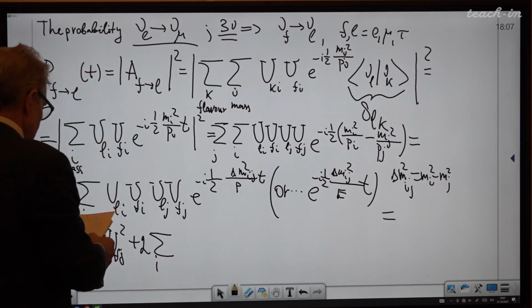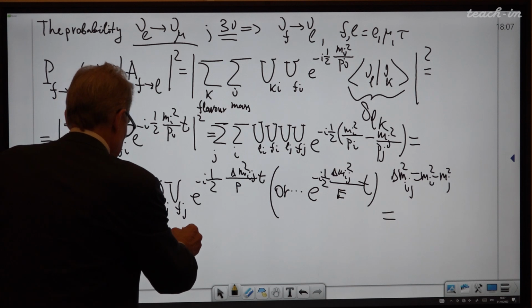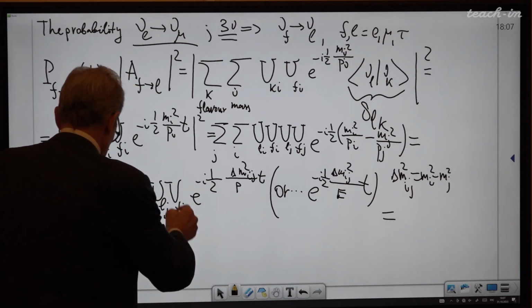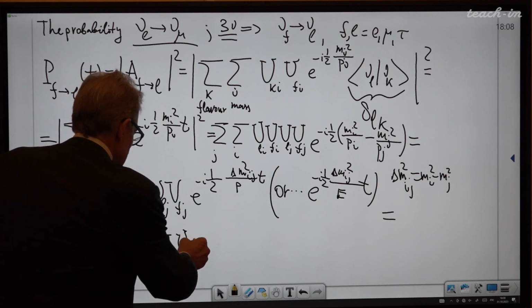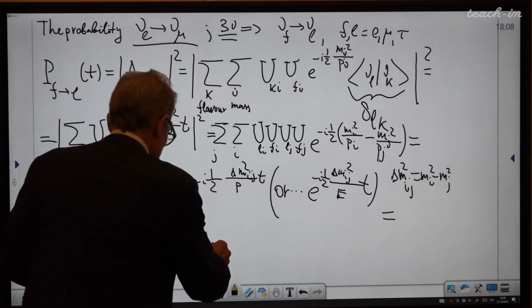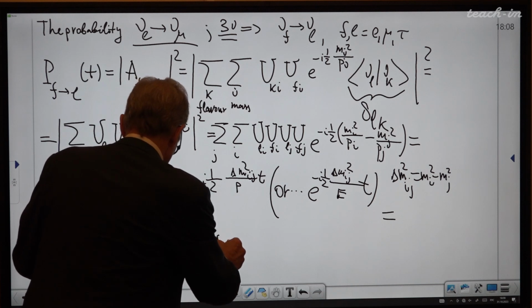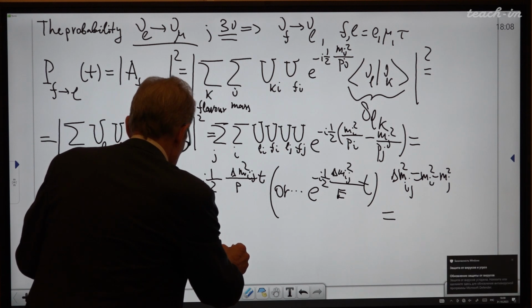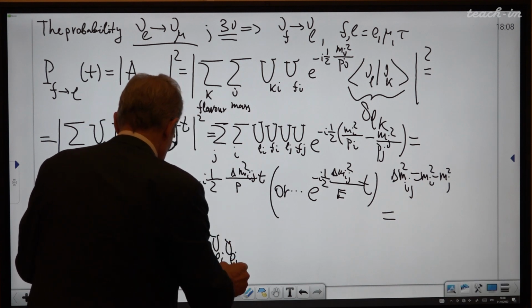And the doubled sum over I less than J, and here we again have 4 elements of the mixing matrix with the following indices: U Li, U Fi, U Fj, U Lj.